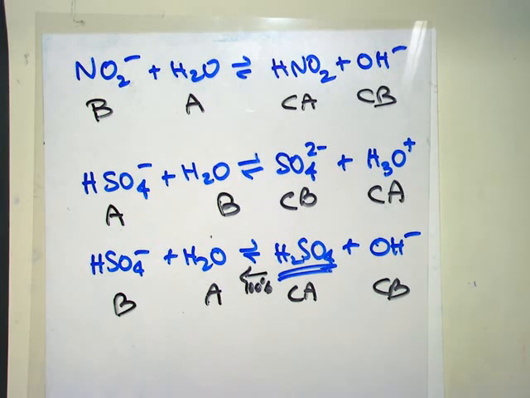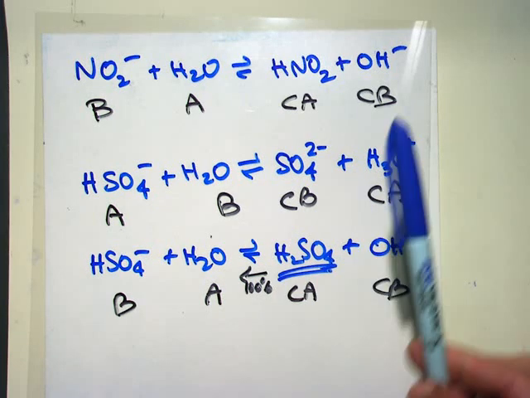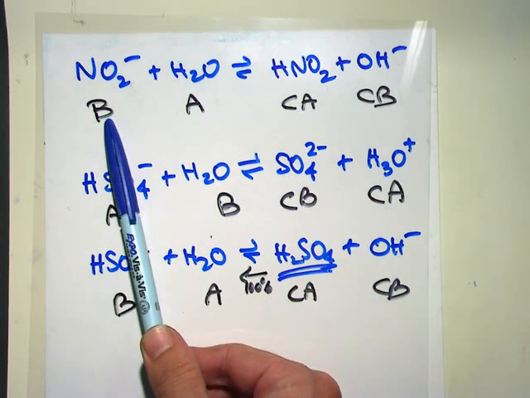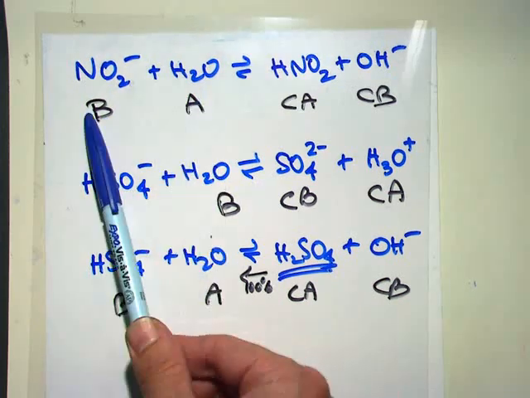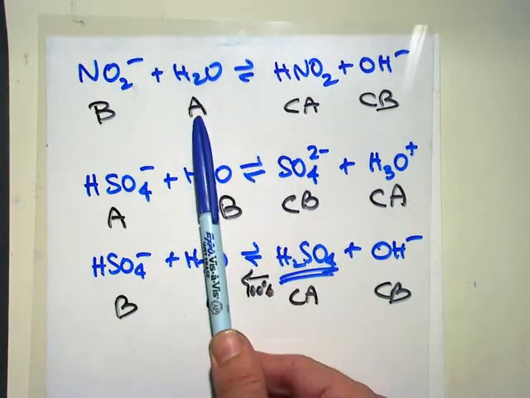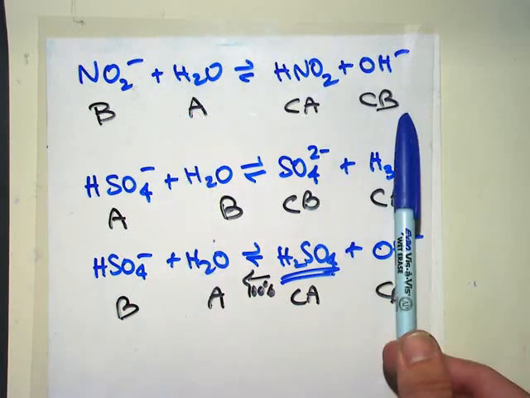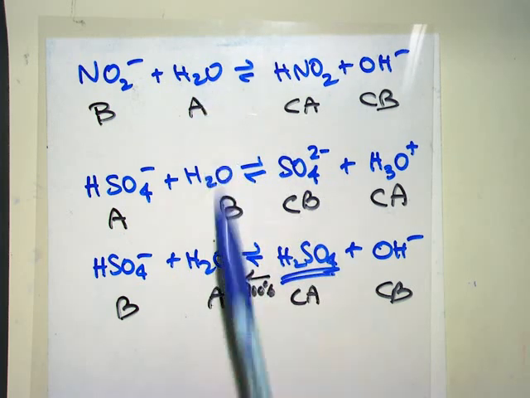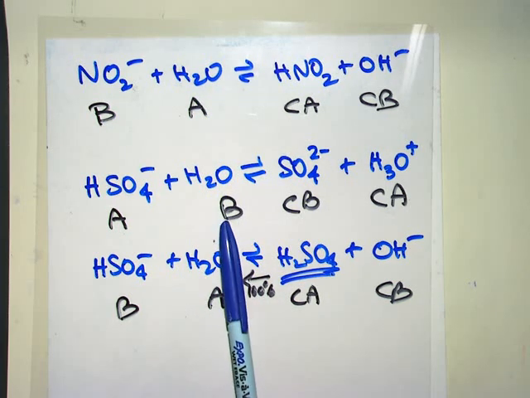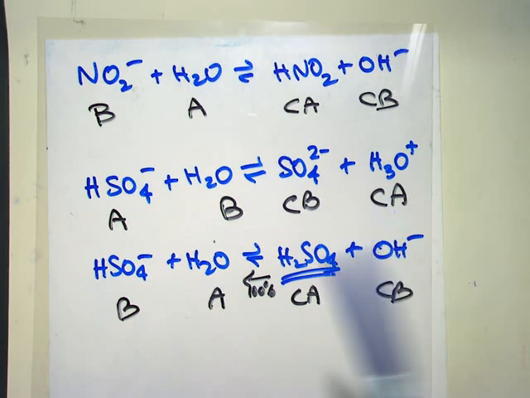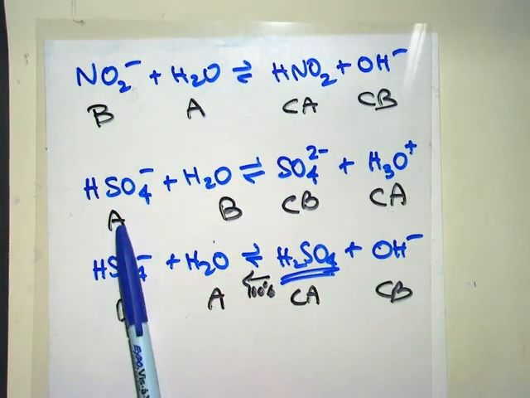You can also have other kinds of reactions. For example, let's see. This kind of reaction. Here, this is more of a neutralization reaction, where we have a strong base and a strong acid.